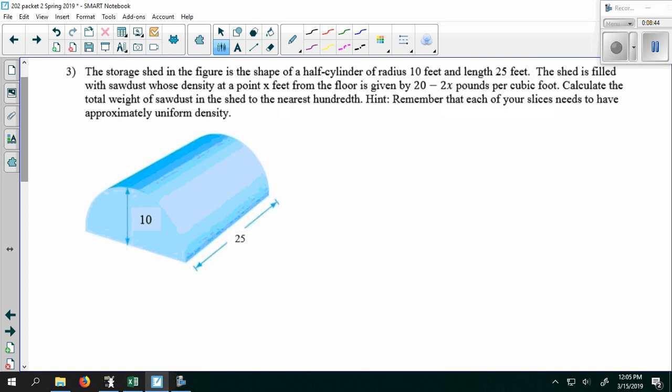So if I pick a height here of x and take a slice, the cross section at this height, if I slice my cylinder, I get a shoebox looking thing. This is a little hard for me to draw.